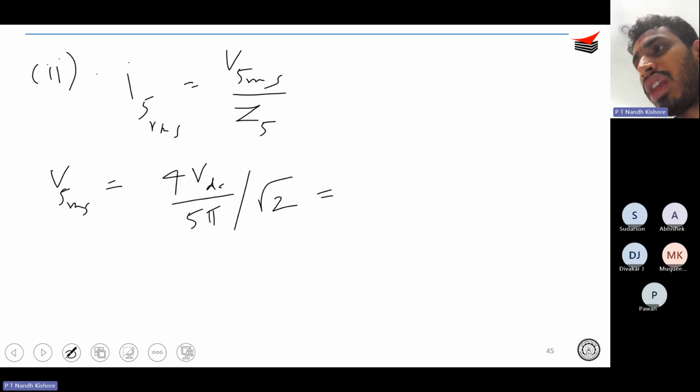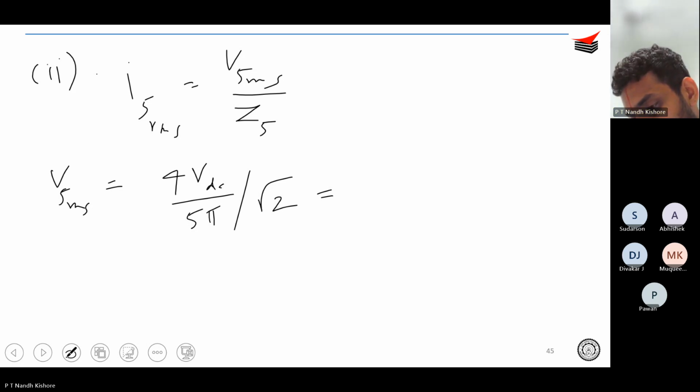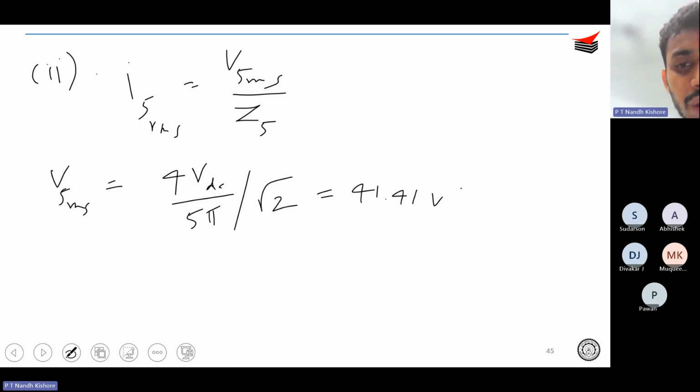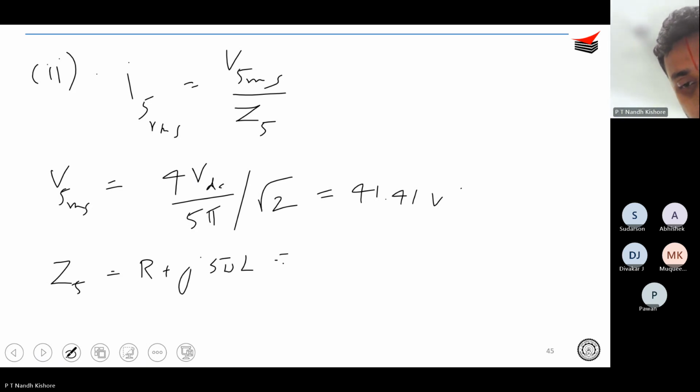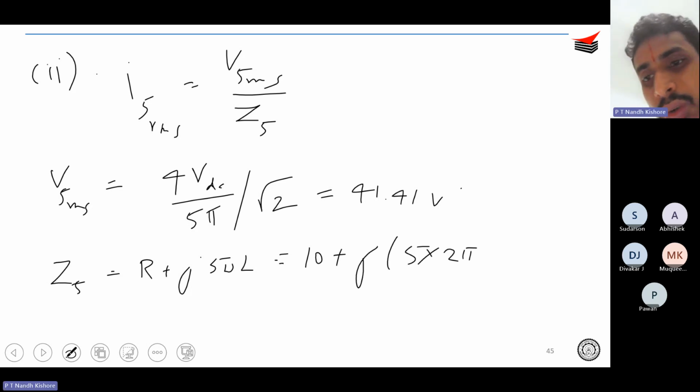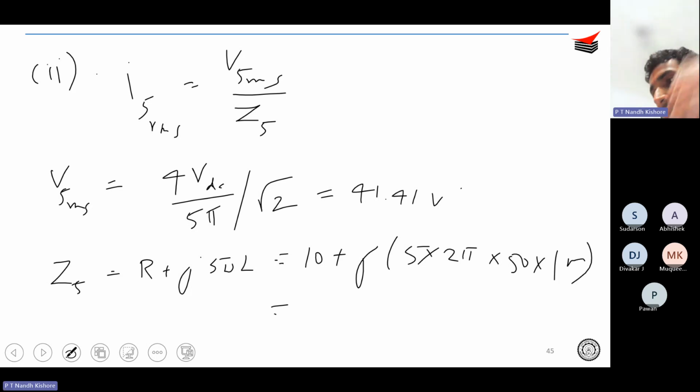So what is the value of 4 VDC by 5 pi divided by root 2? How much do you get? So you will get 41.41 volt. And then what is Z5? Z5 is R plus j n omega L, or j 5 omega L, correct? 10 plus j 5 into 2 pi into 50 into 1 millihenry. Okay, so just compute this, you will get the answer.